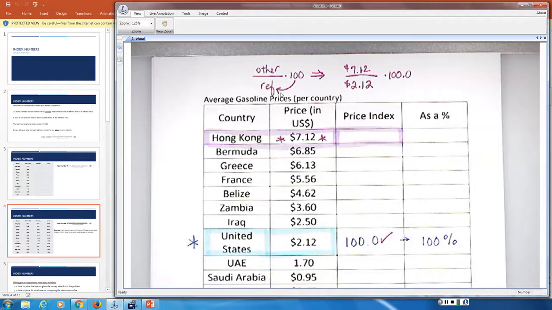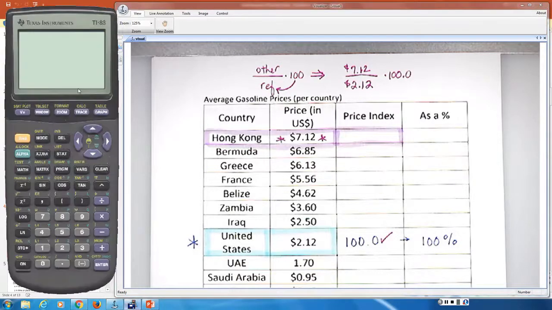So it's the other place's money over our money, times 100, because that's our index value. We just don't normally put that 0.0 after it. Let's see how much that is. Hong Kong's money is $7.12. Same thing in our country, a gallon of gas costs $2.12.